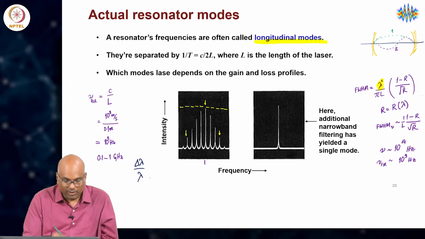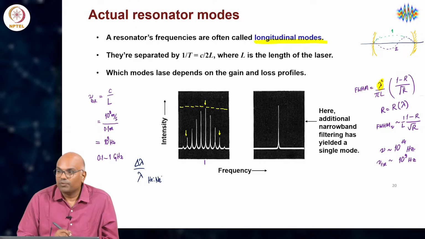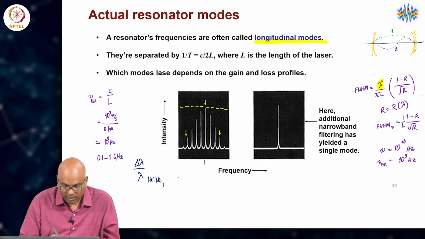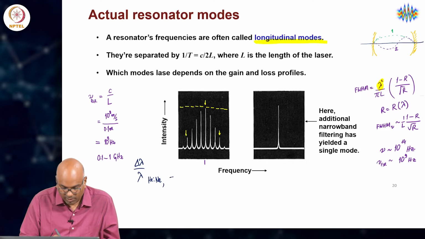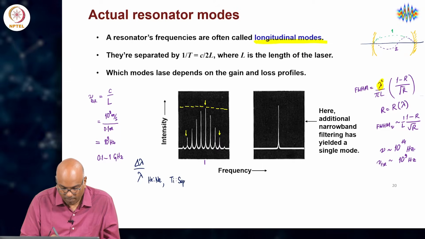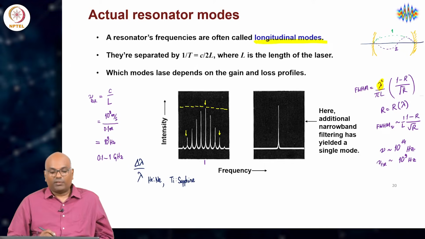Compare a helium neon laser, in terms of this ratio, to a solid state laser from which you extract femtosecond pulses, made up of titanium doped sapphire.